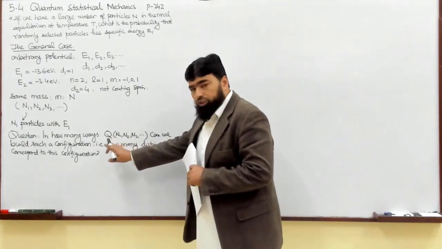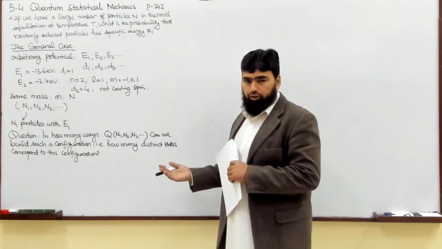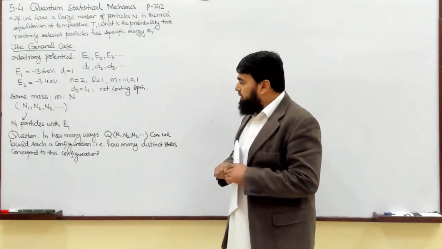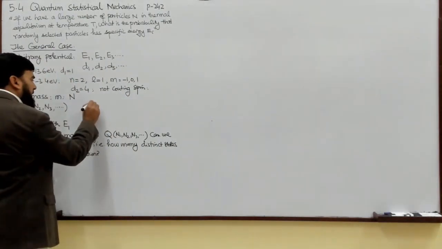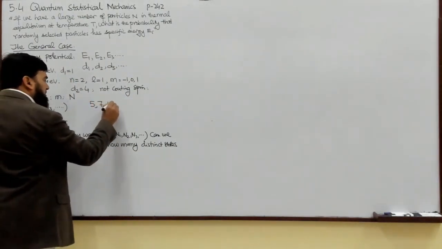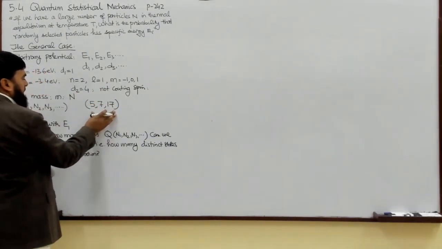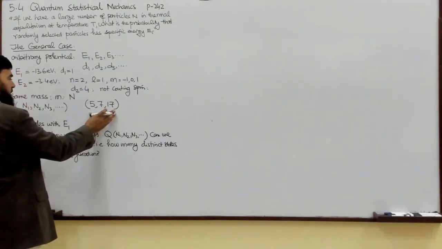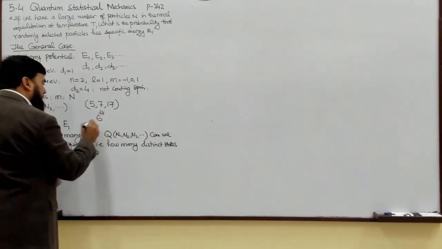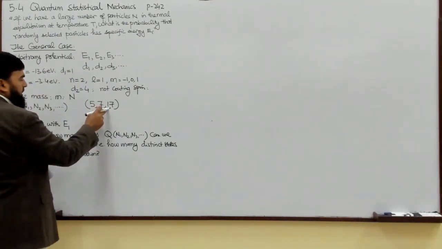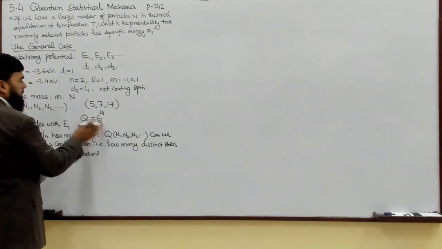Like in the previous example, where we had the configuration 5, 7, 70, the number of ways we could build a given configuration was 6, so Q was equal to 6.